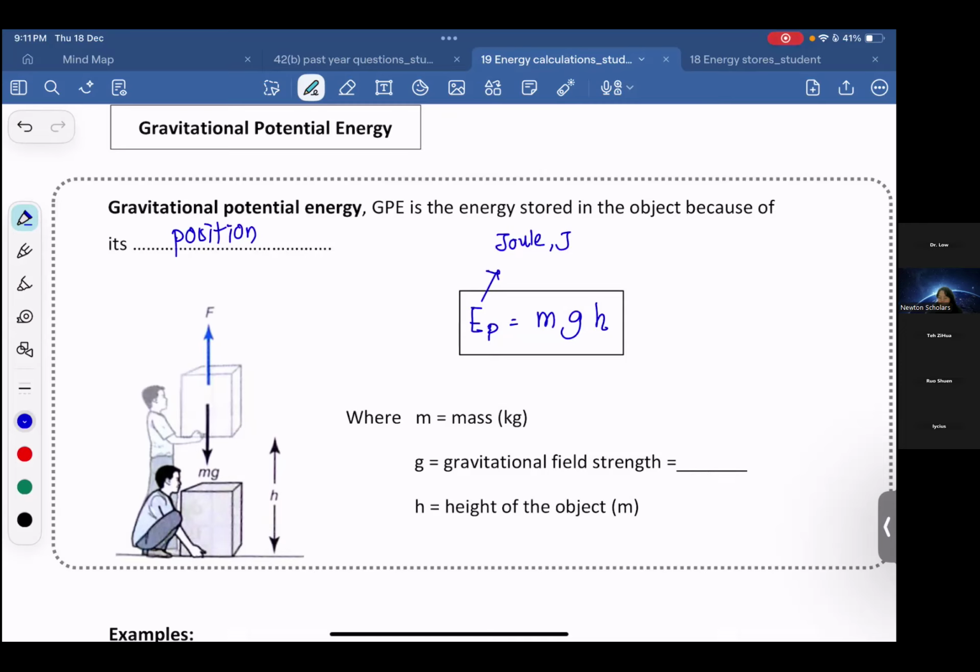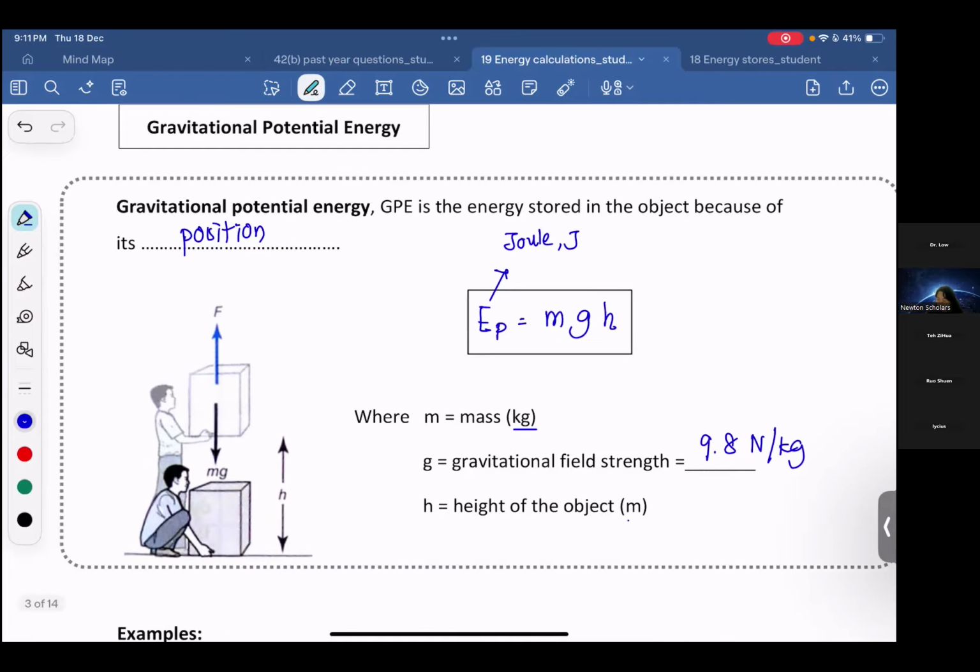So mass in kg, g is 9.8 Newton per kg. This value they don't tell, but we have to know by ourselves. Okay, 9.8 Newton per kg. The height is in meter. SI unit meter, mass in kg.